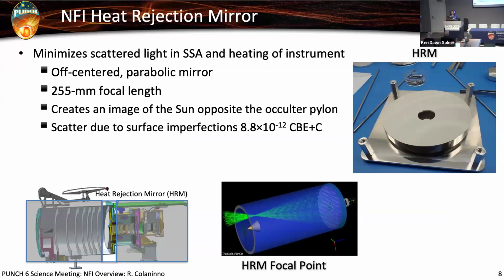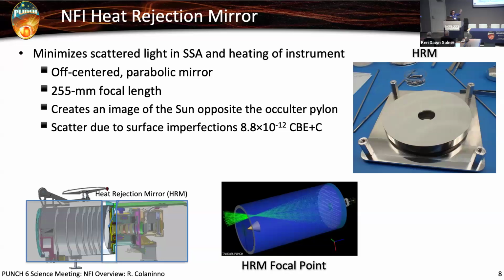This is a picture of the heat rejection mirror, which is a very finely polished mirror. The heat rejection mirror lives on the interface between the stray light assembly and the telescope. It has two purposes. As the name implies, it rejects heat from the sun back out of the instrument. It's actually an off-centered focal parabolic mirror. You can see the focal point here at the bottom with the green rays coming back.